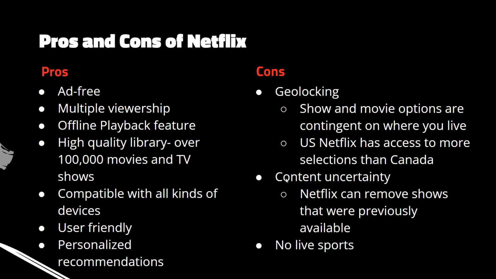There's content uncertainty, meaning Netflix can remove shows that were previously available. So for example, I think it's in the US, they're removing or are going to remove The Office. So it's going to be on a different streaming service. So there's that kind of uncertainty of what's going to be available or if it's going to get taken off at some point. And the last con is that it doesn't offer any live sports.